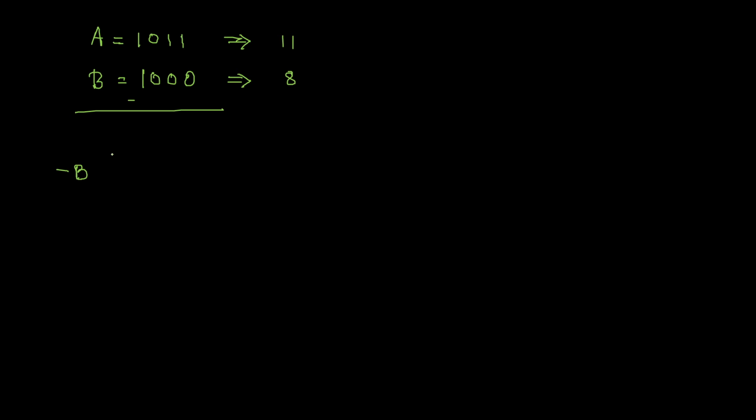So what is minus b in 2's complement? It's very easy. It is the 1's complement of b plus 1. The 1's complement of b, 1000, becomes 0111. As simple as that. Just toggle 0 to 1 and 1 to 0, and then add 1.